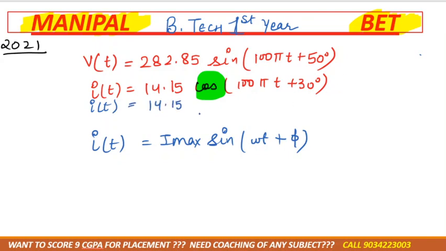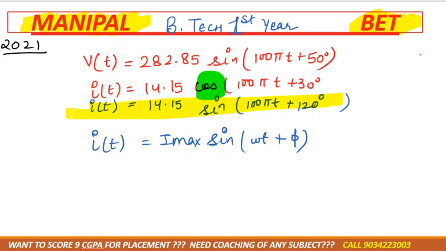So it would be 14.15 sine of 100 pi t plus 30 plus 90. Understood? So what are we getting? 90 plus 30 is how much? 120 degree. Got it?